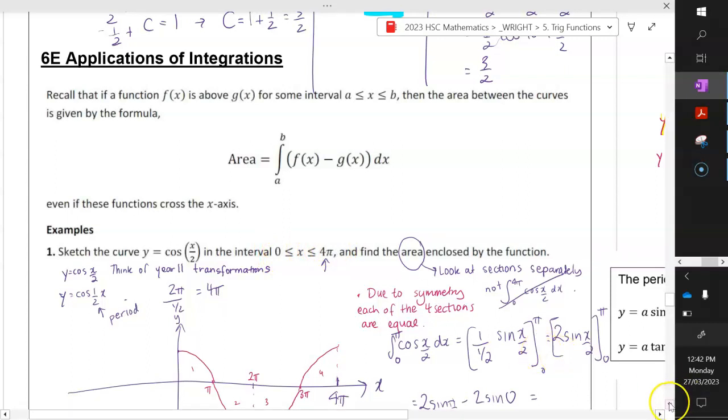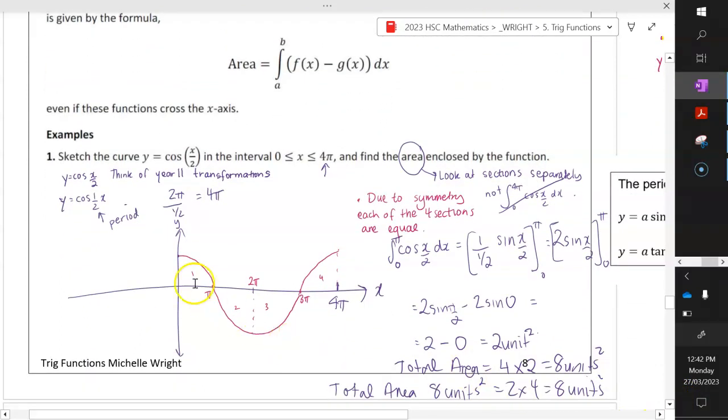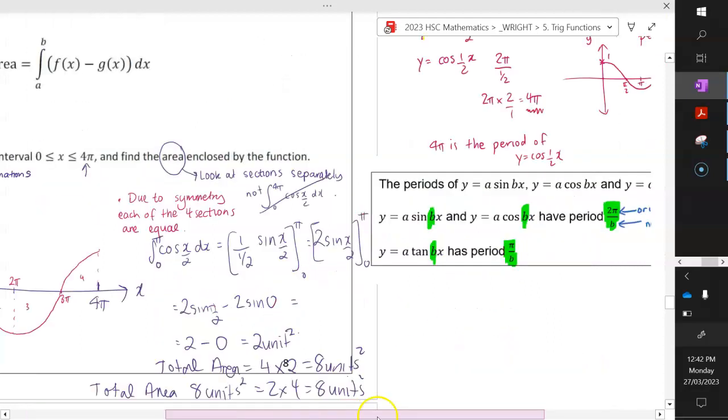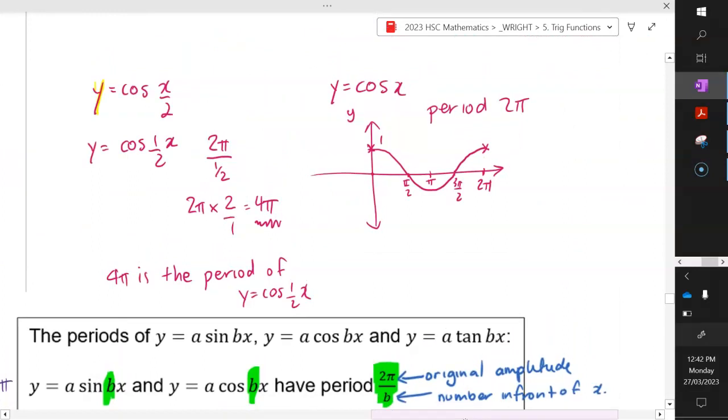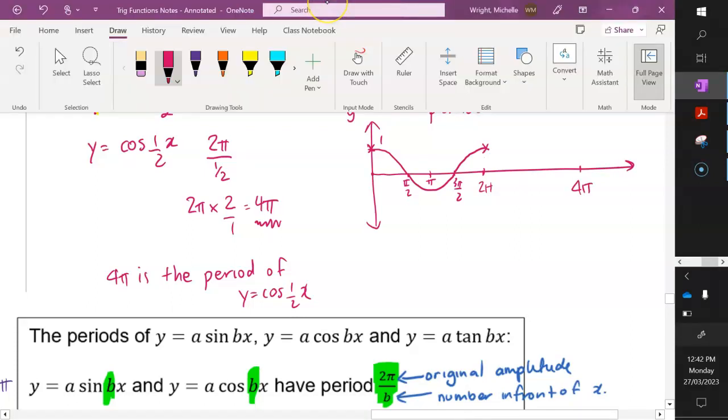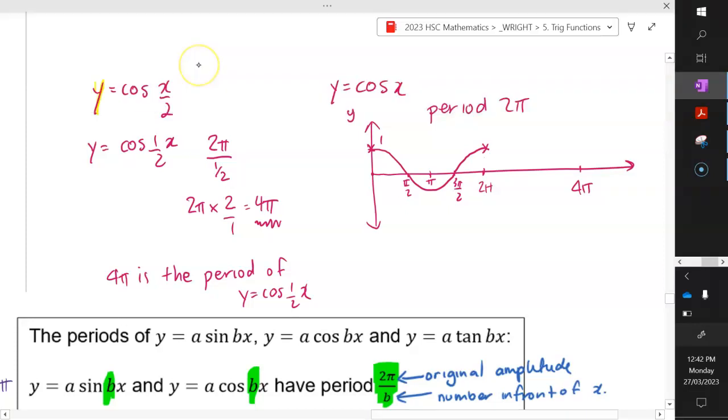So I've drawn a quick sketch of that down here. There we go. Here's my cos x on 2. It starts at 1 still, and it has a period of 4 pi, so it repeats every 4 pi. But if you're interested, and it's probably a really good thing to look at, if I have a look back here at my cos of x, if I just quickly fix up that graph so it goes a little bit longer there, if I was to draw my cos x on 2 in, and we might pop that in another colour, y equals cos x on 2.